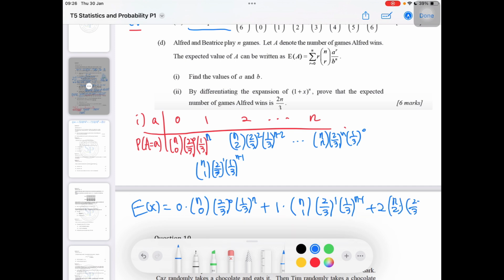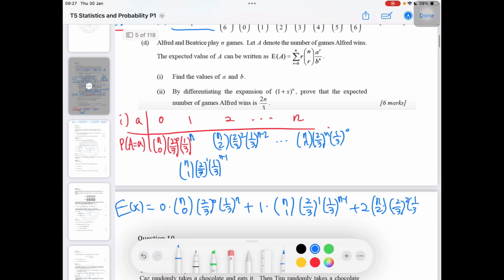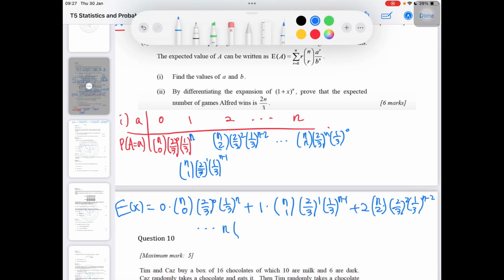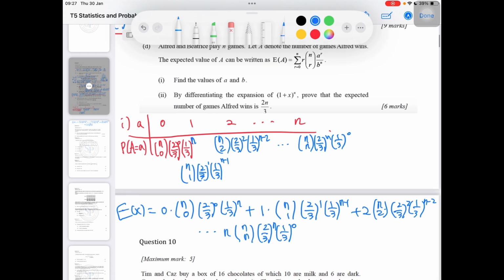This is what we always do whenever we deal with a discrete random variable to find the expectation. Up to n times nCn, 2 over 3 to the power of n, 1 over 3 to the power of 0. So we can write it like this, where r starts from 0 to n. So this is r times nCr, makes sense.